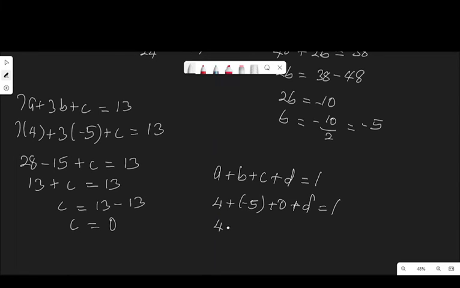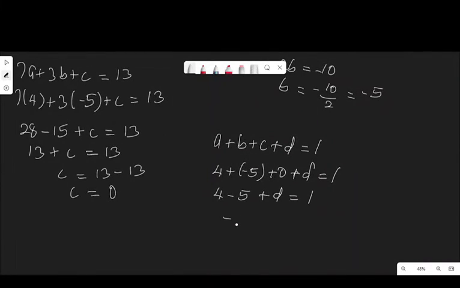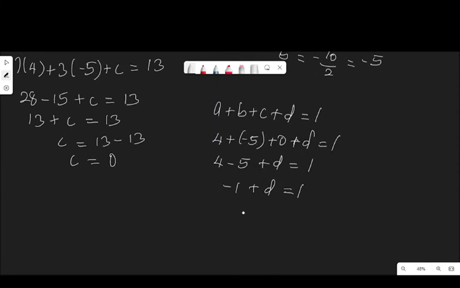So 4 minus 5 plus d equal to 1. 4 minus 5 is minus 1, plus d equal to 1. That means d is equal to 1 plus 1. When this minus crosses it becomes plus. So d equal to 2.